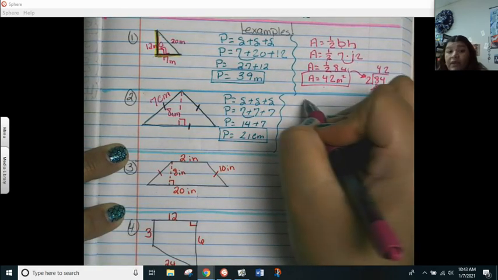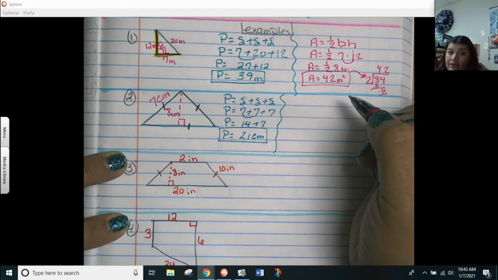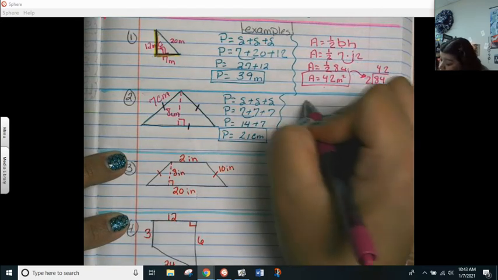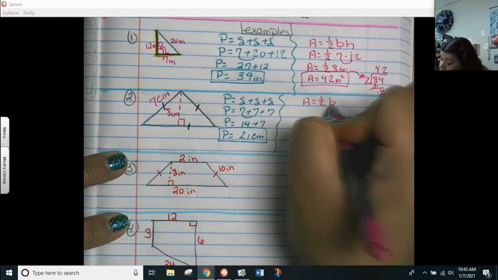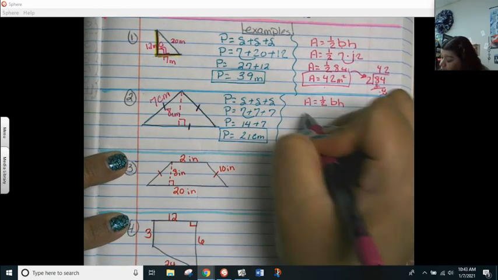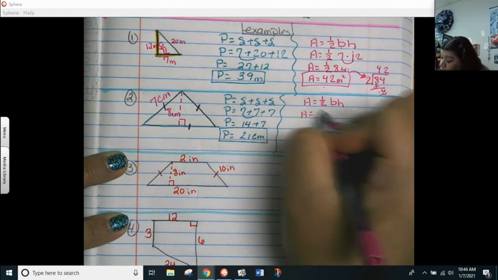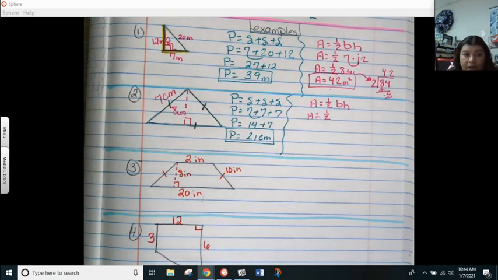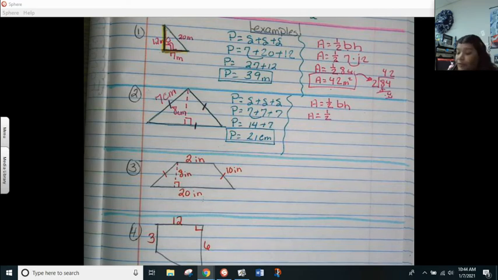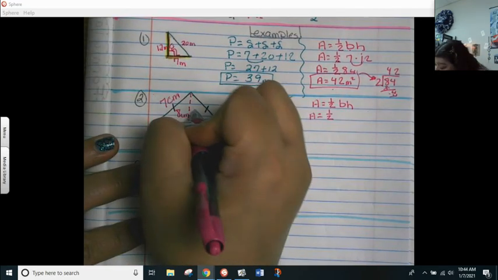Okay. Now for area. The first thing we always write down, the formula. So A equals 1/2 base times height. Second line is for the plug-in. So I've got to find the base and height. Remember how I showed you to find it? Find the right angle. Find Harry's chair.